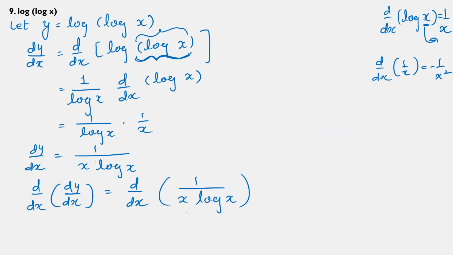But it's not x, it's x log x. So again, the chain rule will be applied for this denominator. If x is there, then no chain rule. But here for this part, I have to apply the chain rule also. So that means d2y by dx2.